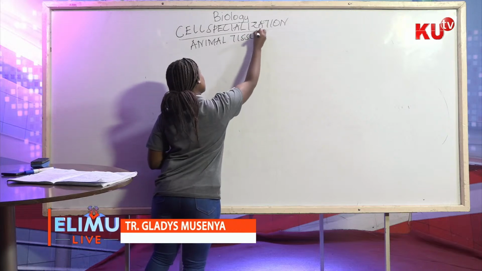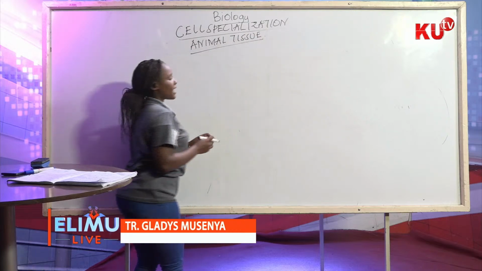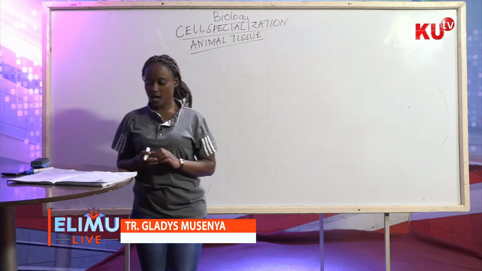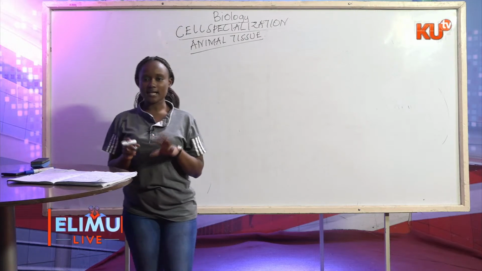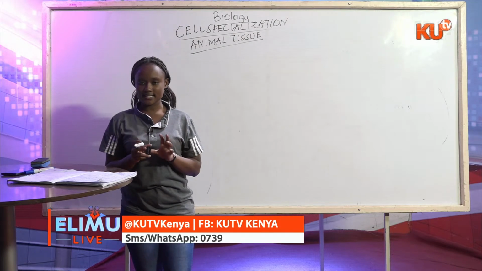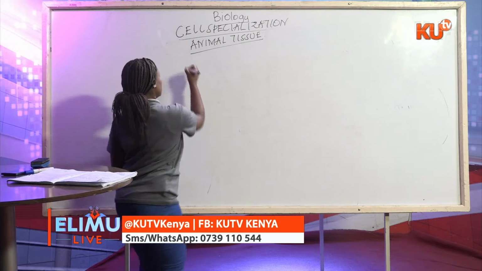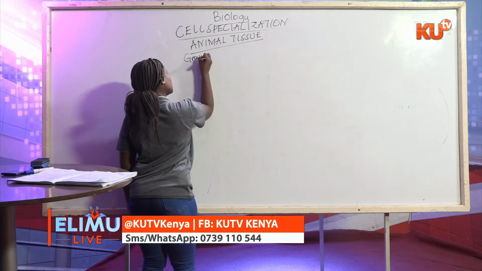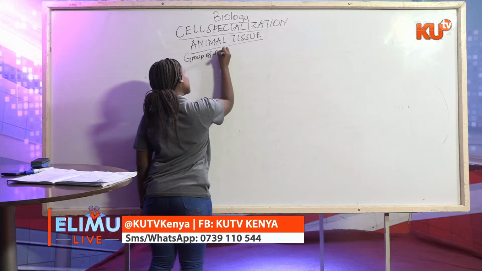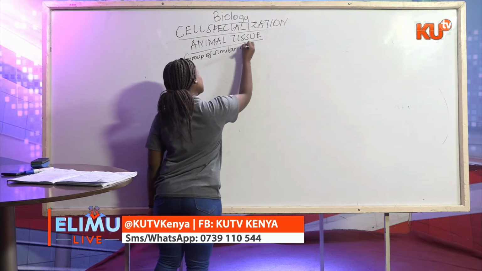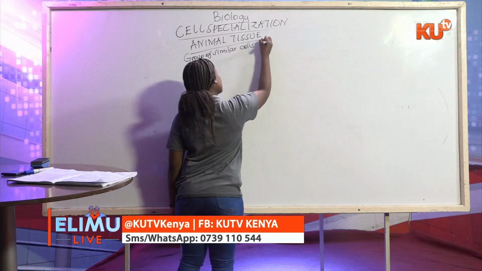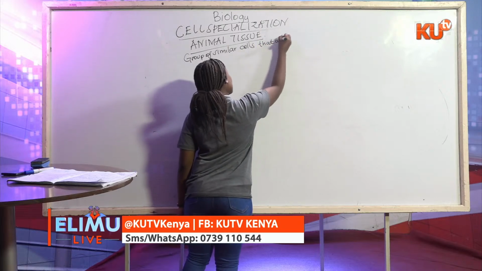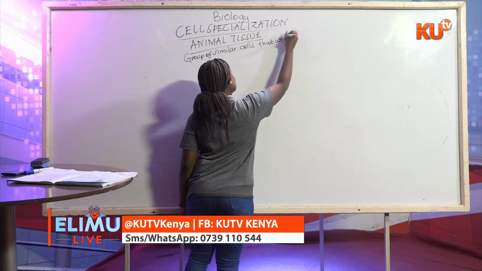So the animal tissue. Tissues are a group of similar cells that work together.